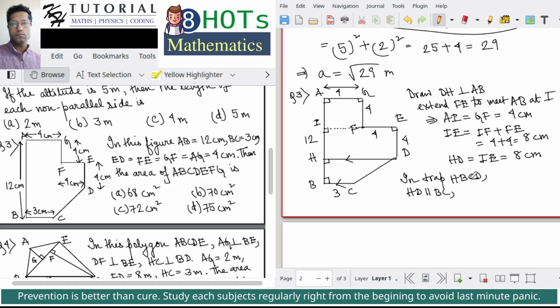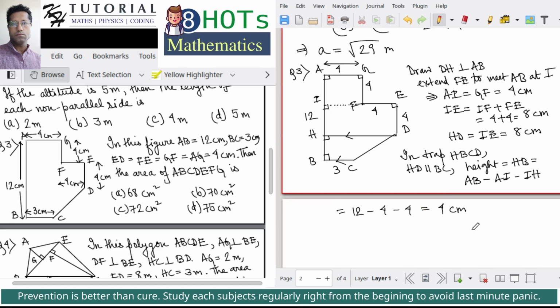These are the parallel sides, and the height is equal to HB, which will be equal to the entire side AB minus AI minus IH, which is equal to AB is 12 minus AI is 4, and IH is equal to ED, which is equal to 4. So this will also be equal to 4 centimeter.